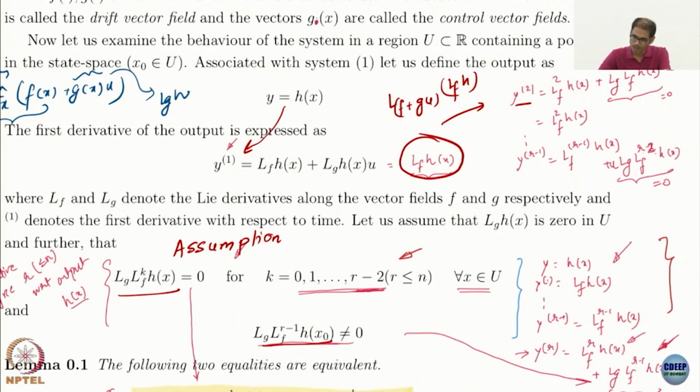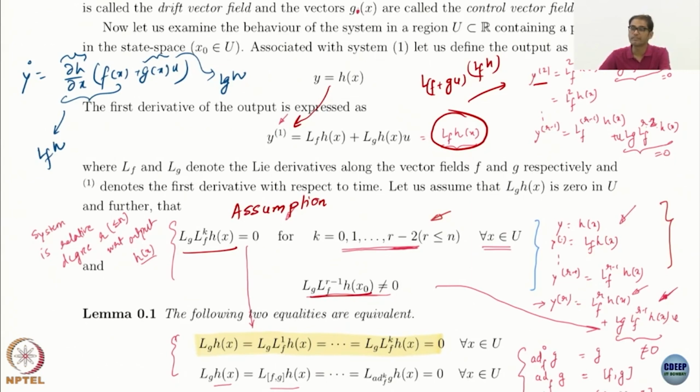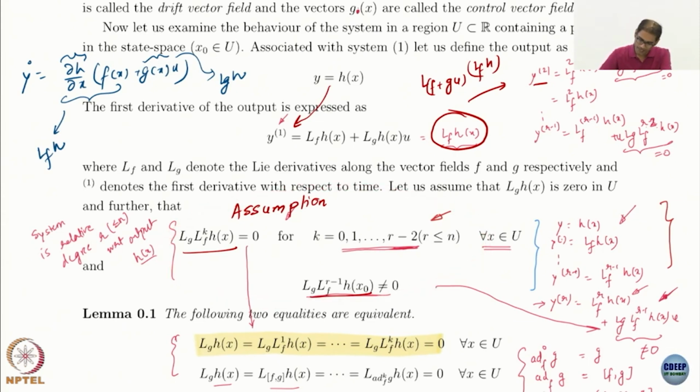If I keep doing this on and on, one of the assumptions that we typically make is of a relative degree of a system. What is the relative degree of a system? It is exactly defined by this: L_g L_f^k h(x) is 0 for all k from 0 to r minus 2 and it is non-zero for k equal to r minus 1.